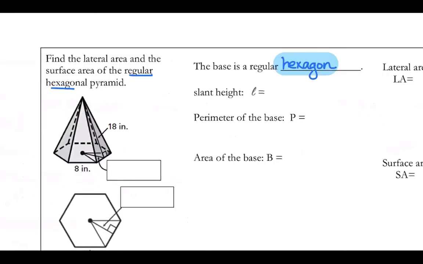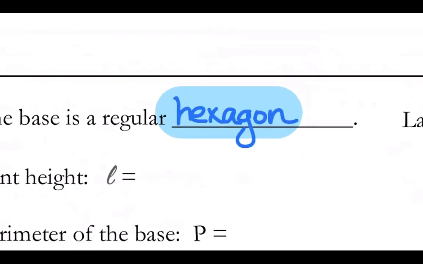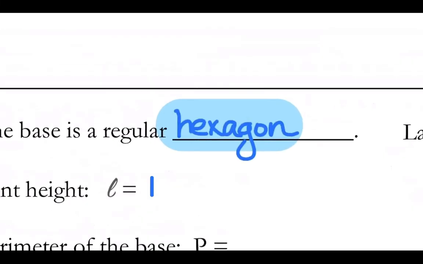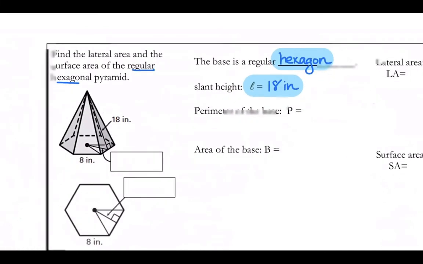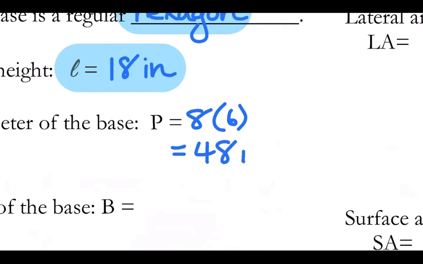The slant height was given on the picture. It's the height of one of the triangular faces, 18 inches. Perimeter of the base. Well, it's regular, it's a hexagon, 8 on each side, 6 sides, 48 inches.